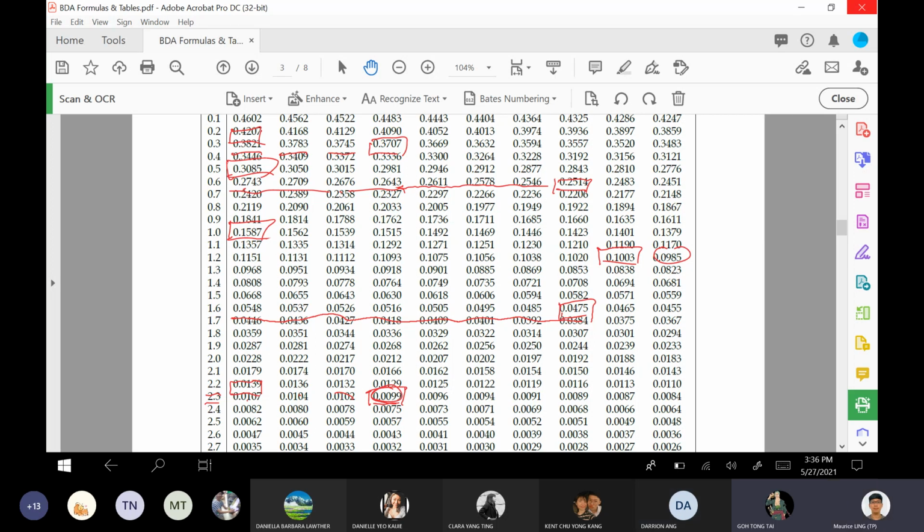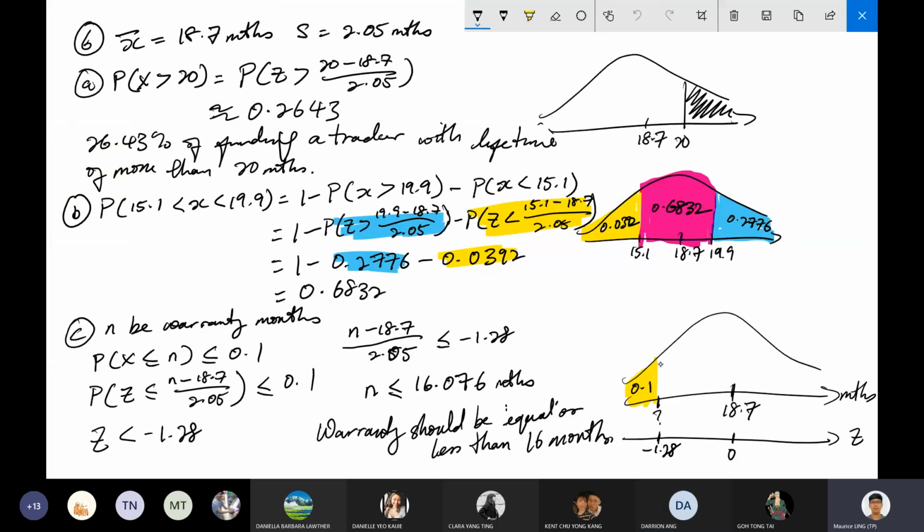So you see, if 2.9, what happened is this. 2.9 in itself will be a bit more than that already. 0.9 is actually more than 0.1 already.